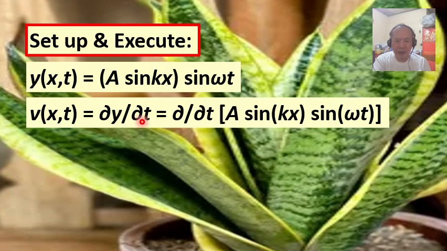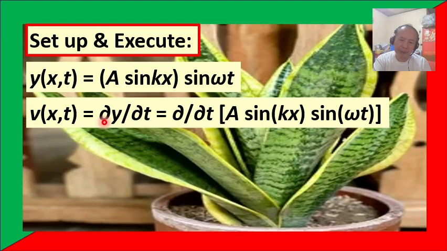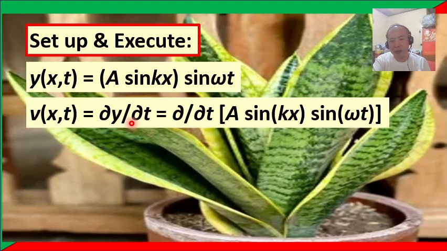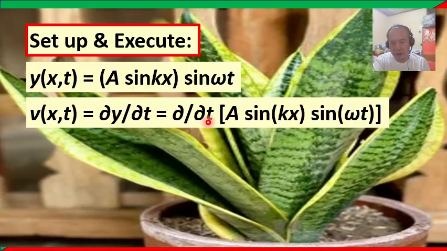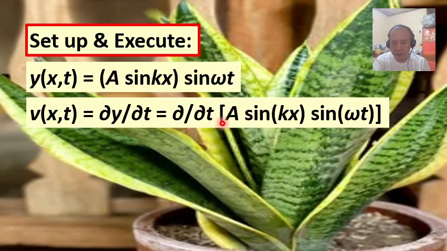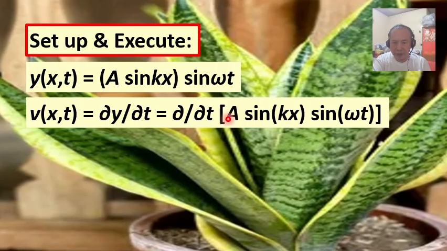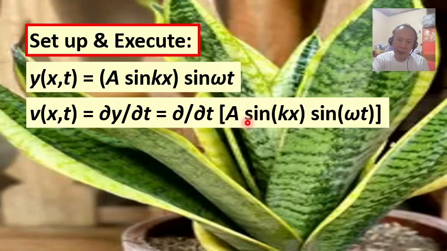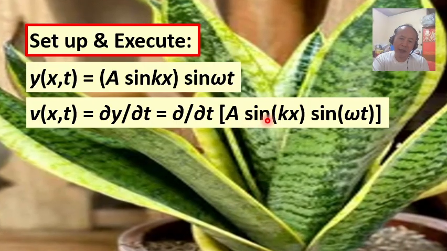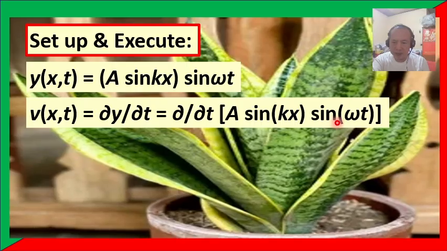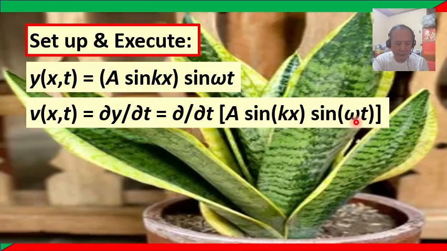This is read as the first partial derivative of the y function with respect to the time t. And the y function, of course, is given as the amplitude, capital A, multiplied by sine kx multiplied by sine omega t.